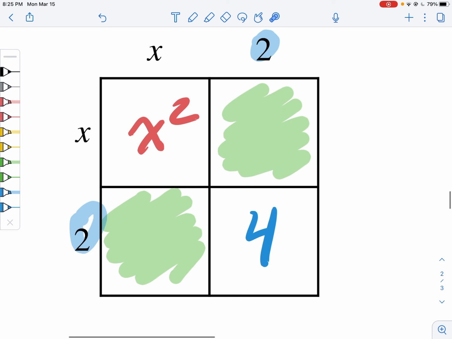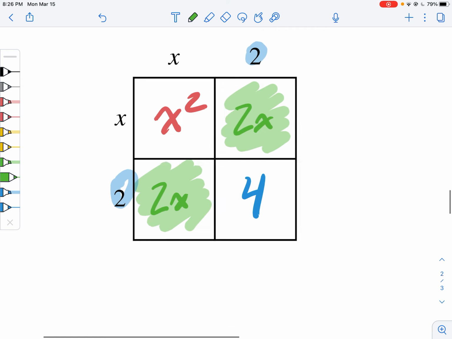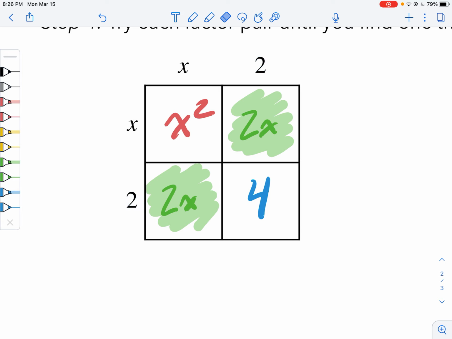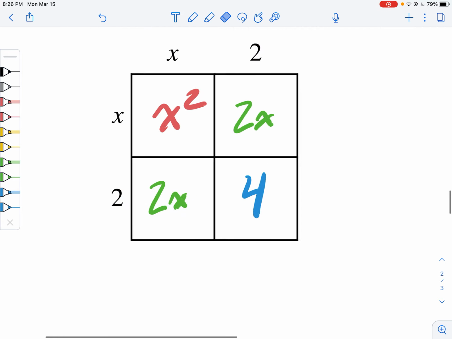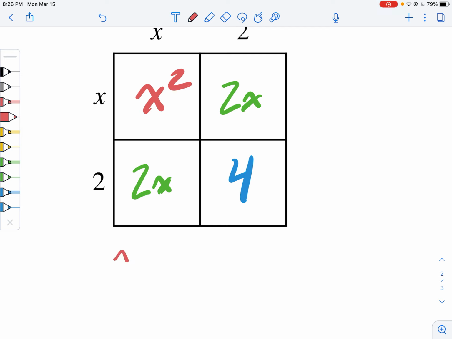So let's try this. What goes in this space? Well, what's x times 2? X times 2 is 2x. And what goes in this space? What's 2 times x? Well, 2x again. Now let's add up the whole area inside this space. The area inside here is x squared plus 2x plus 2x plus 4.